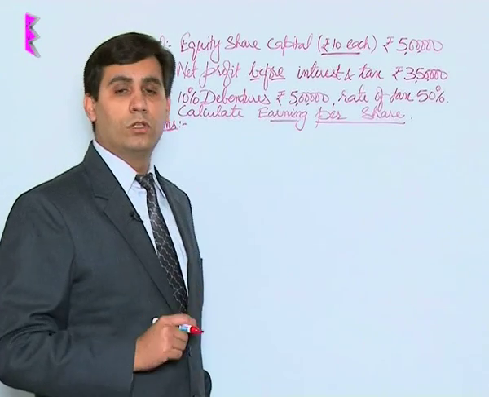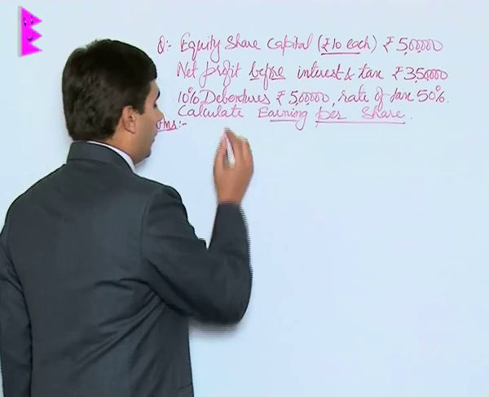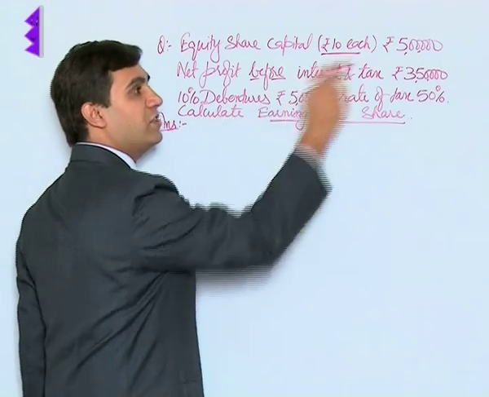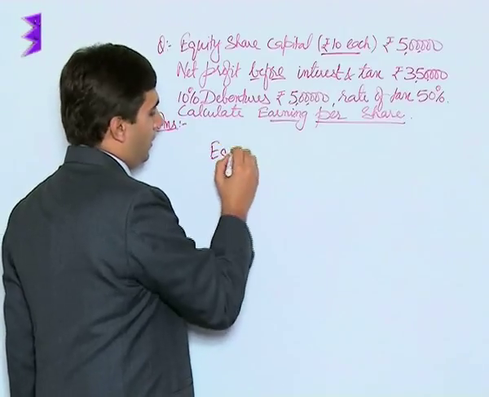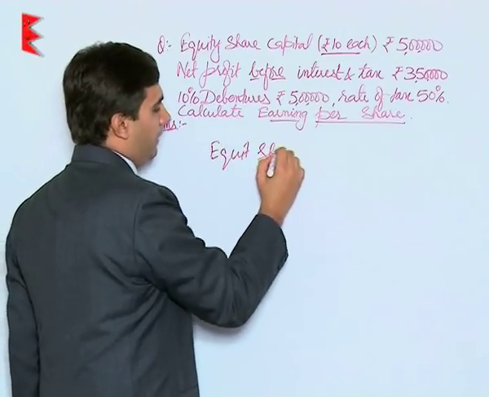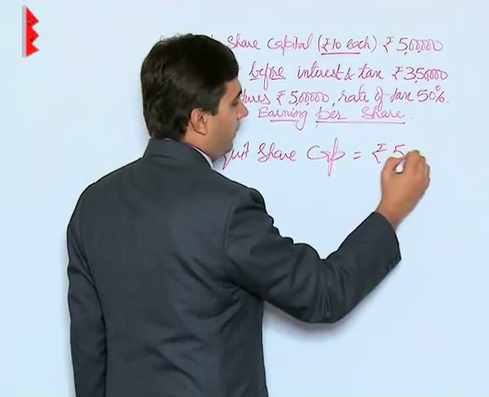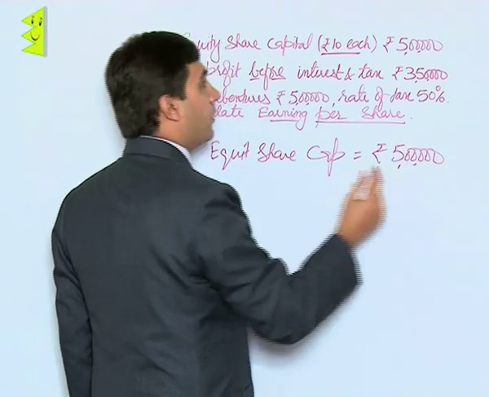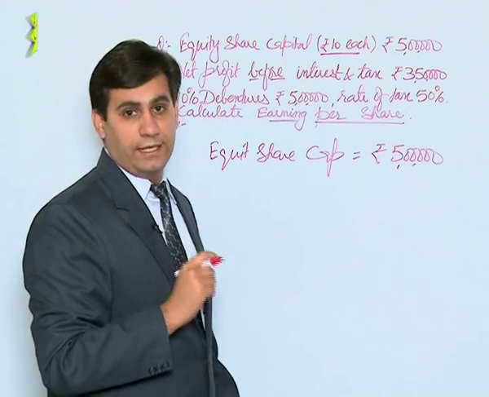The second part involves number of equity shares. Now students, how do we calculate it? Equity share capital is given to be rupees 5 lakh. Equity share capital is equal to rupees 5 lakh. And we are also given that the value for each share is rupees 10.